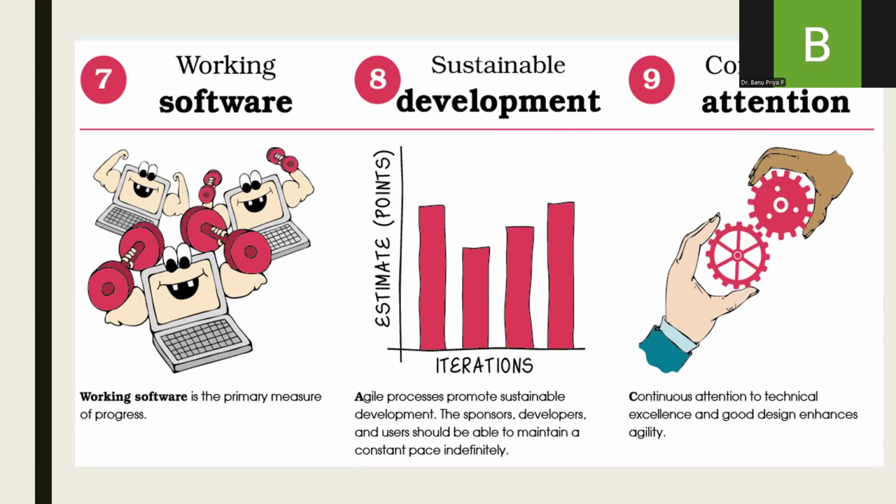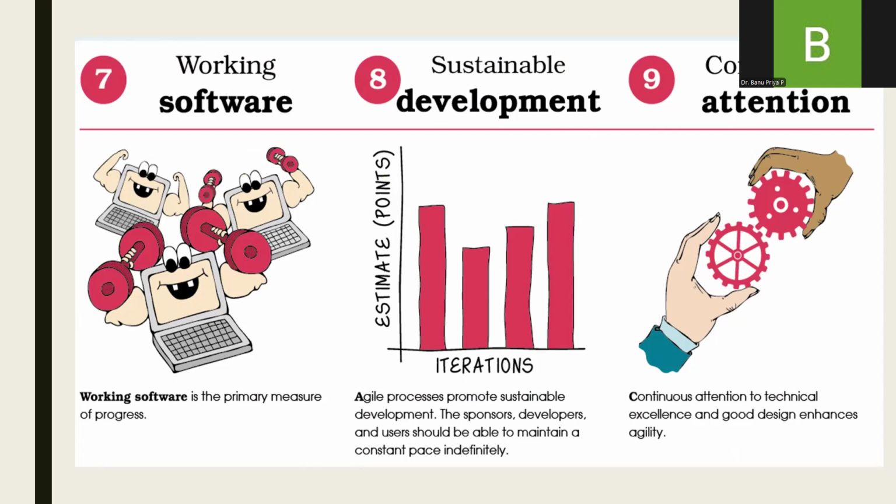That is, the Agile process promotes sustainable development to be able to maintain a constant pace indefinitely, because users should use it in a sustainable environment. The ninth principle is continuous attention on technical excellence and very good designs, which enhances agility.